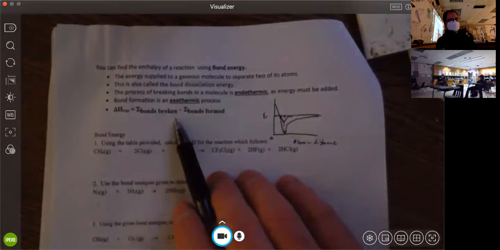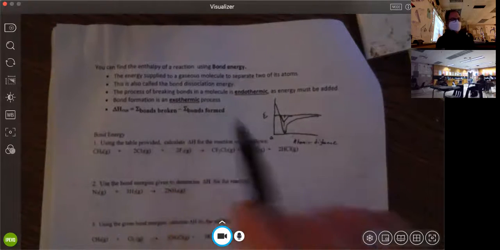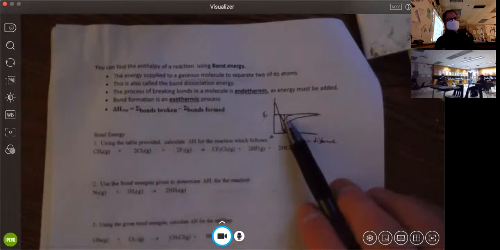There's a lot of trifle between chemists and biologists, because they've taught you all your life that ATP energy is stored within the bonds. In reality, it's hard to say that bonds have stored energy, because it takes energy to break the bonds. And when they reform, that's when that energy is released.